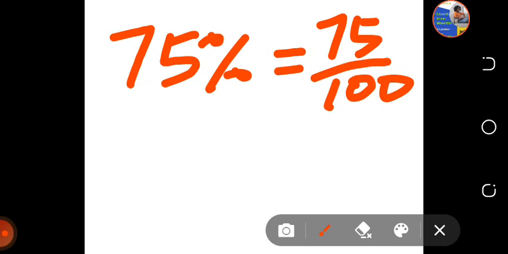But we as students, as school children, we all know that when you have a fraction as big as this, you ask yourself, do I have a common factor between these two numbers, that numerator and the denominator? If I have it, I'm going to keep reducing this number until I get to the lowest term.